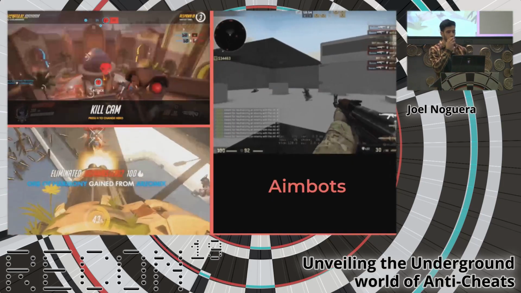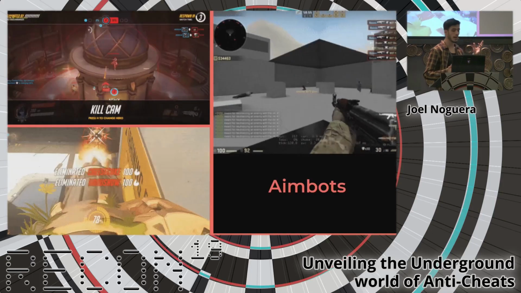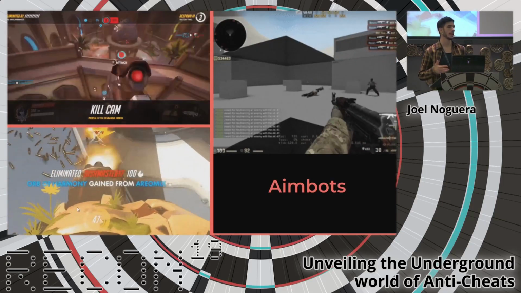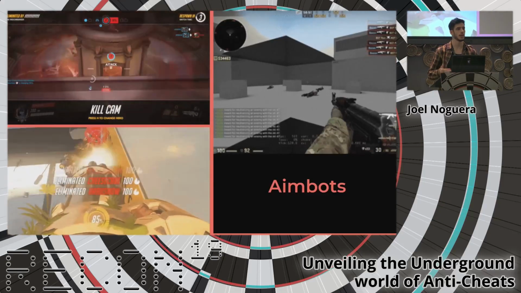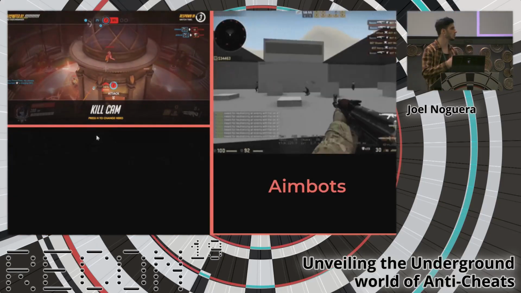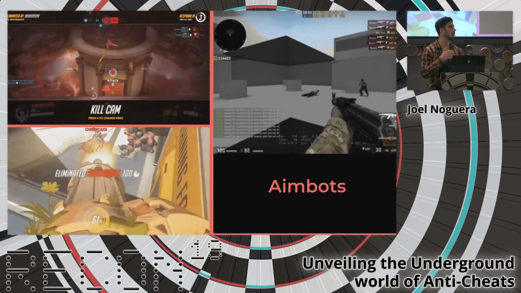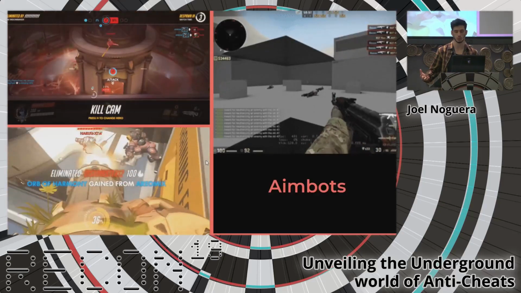Another way of classifying cheats is by their goal. Here we have some examples. Aimbots will usually assist the user to aim better. When a player is trying to shoot someone, it will correct the aiming so it's always pointing to the head of the enemy and will always make a perfect shot.